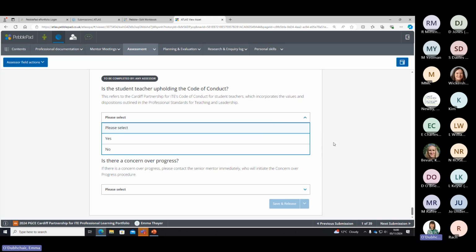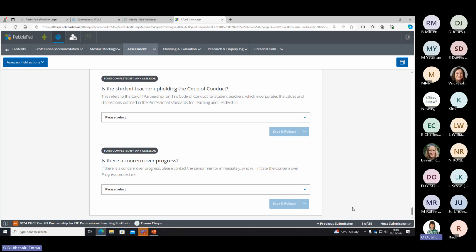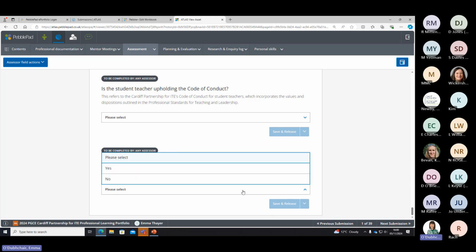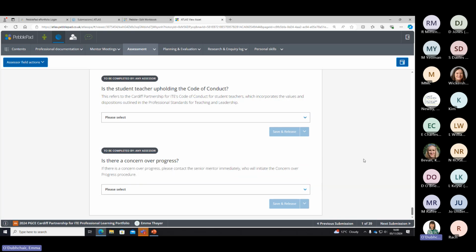If they're not, again, concern of a progress will need to be initiated. And if they've not met the threshold for progress review 1, then you're also going to indicate that there is concern of a progress. Once you're happy with all of that, you're going to save and release it, and the student teacher will be able to view it from their perspective.